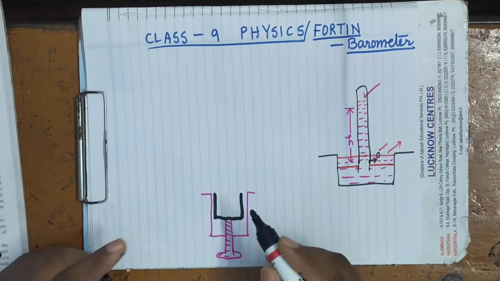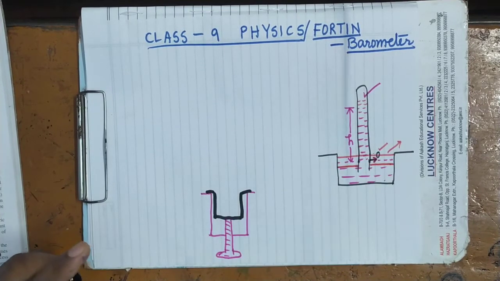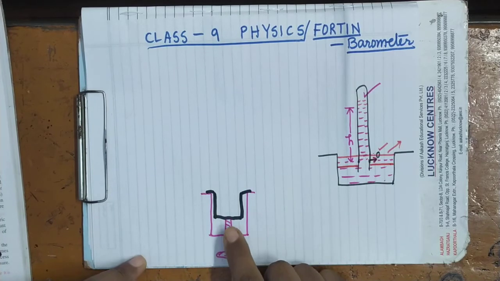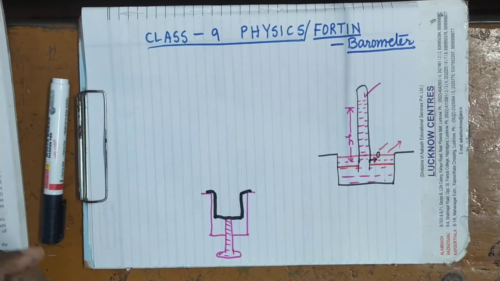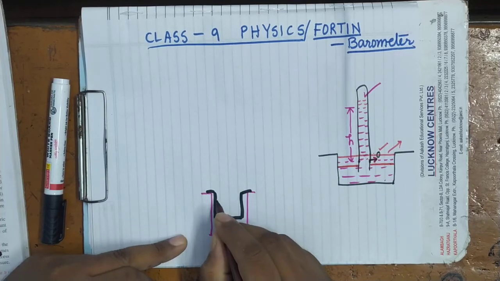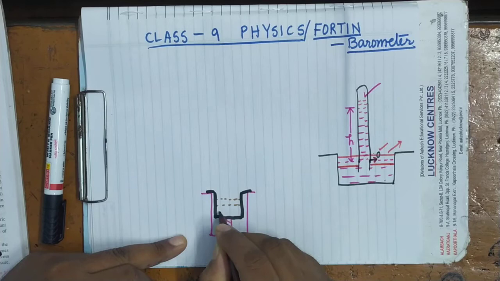And here you can see this is a leather cup. It can be moved up or down. Its bottom is over this screw. And now see here, this leather cup is containing the mercury. This is filled with mercury.